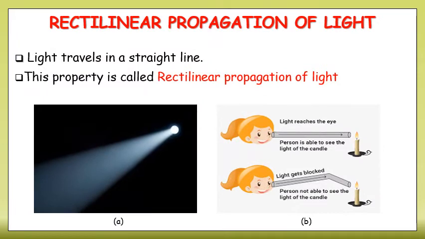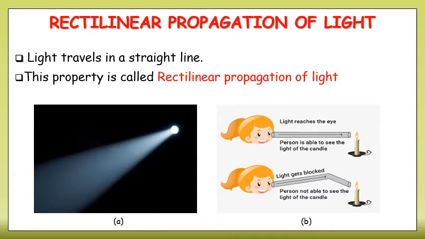Now next is rectilinear propagation of light. Students, observe the light entering a dark room through a small hole in picture A. You will see that light appears to travel in a straight line, and this property of light to travel in a straight line is called the rectilinear propagation of light.